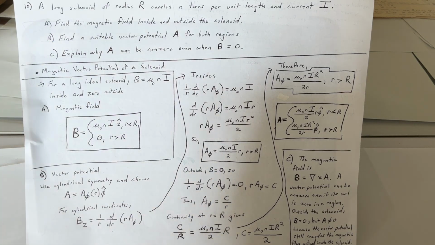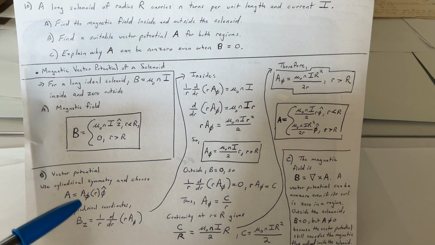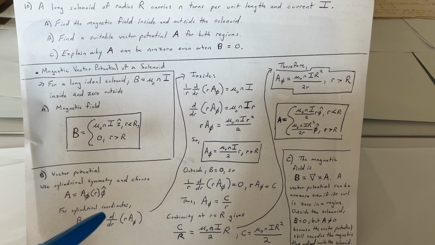Part B, find a suitable vector potential A for both regions. So here for part B, use cylindrical symmetry and choose A equals A sub phi of r, phi hat. In cylindrical coordinates, we get B sub z equals 1 over r d/dr of r A sub phi.